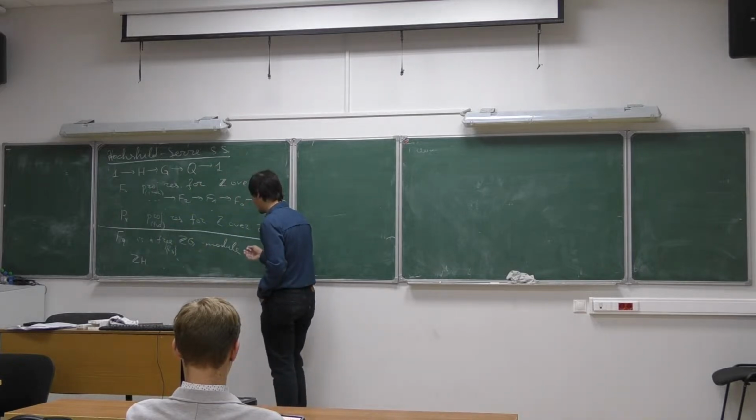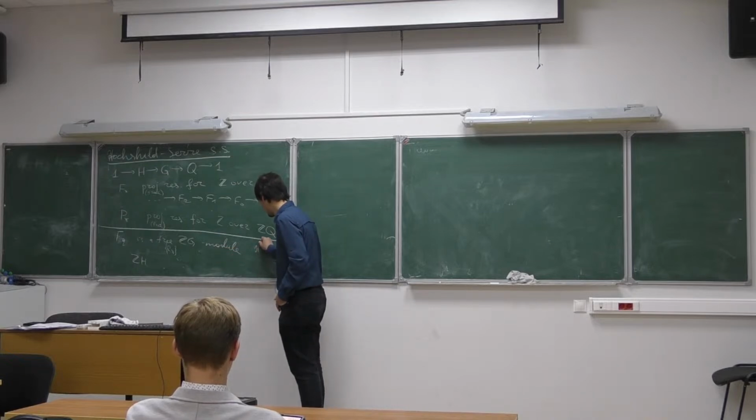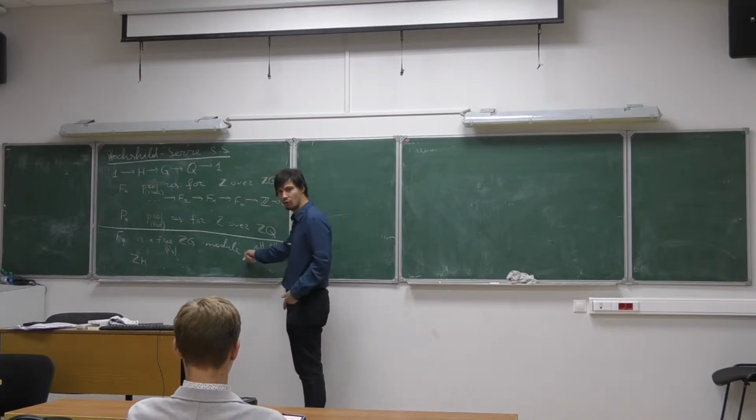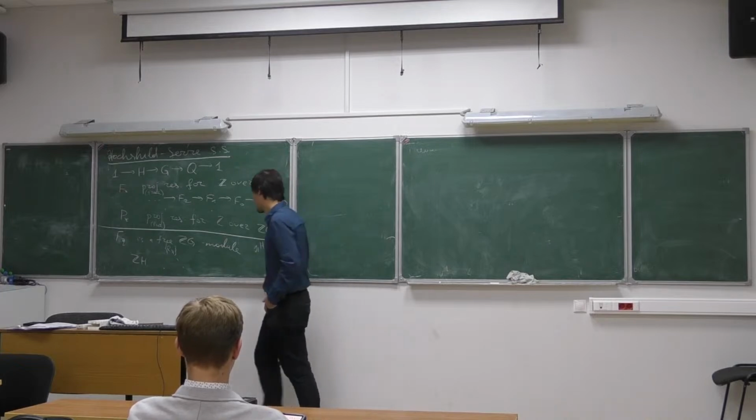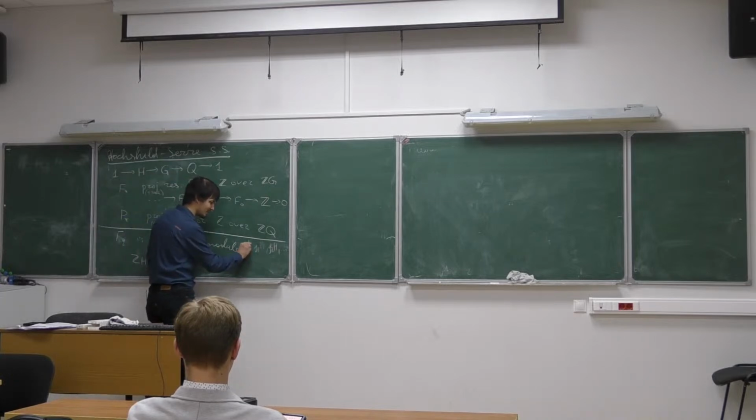We can take some representatives of left cosets over H. Say, let G1H, G2H, etc. be all different left cosets. Then, no, vice versa. I want right cosets. I'm sorry.